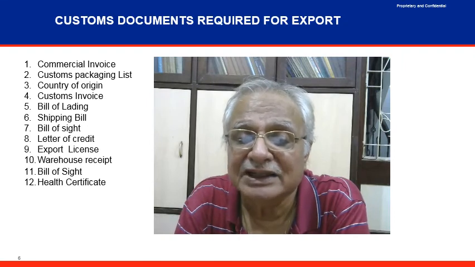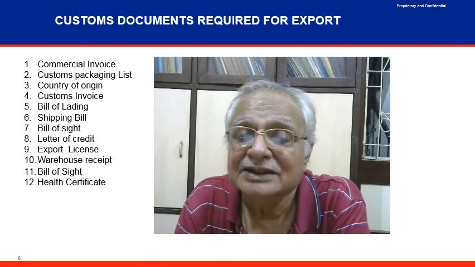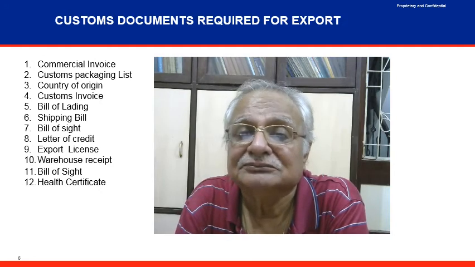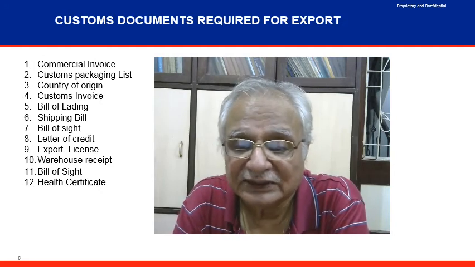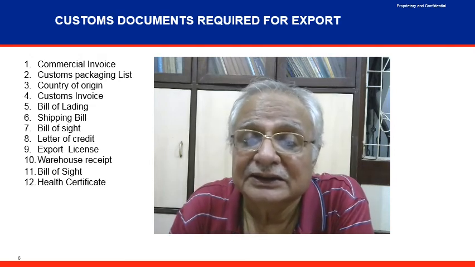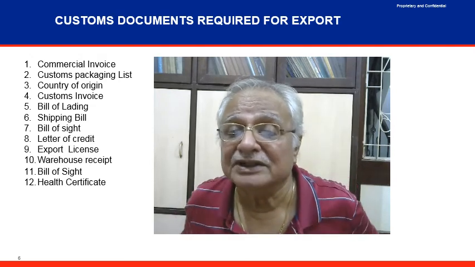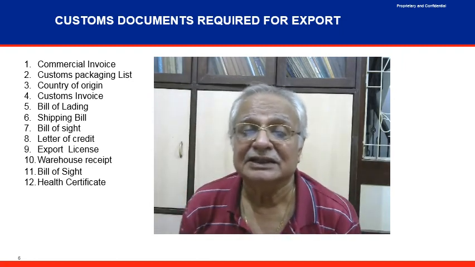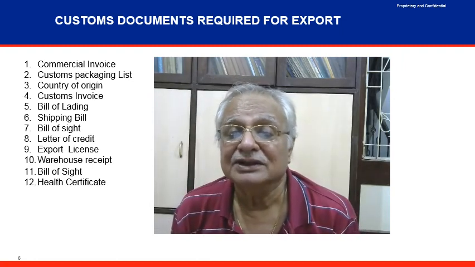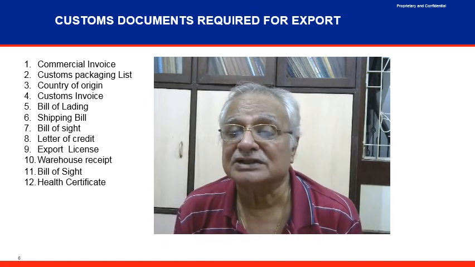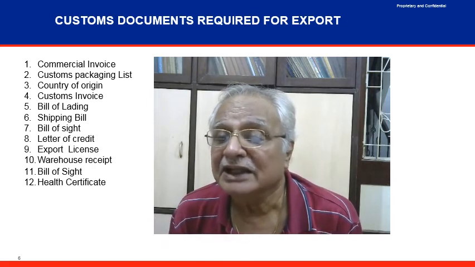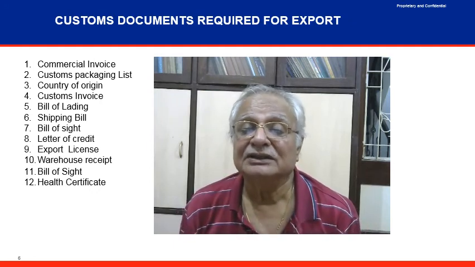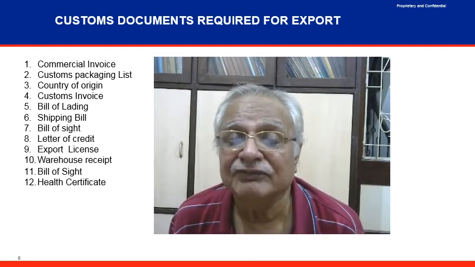So, shipping bill. Shipping bill is a traditional report where the duty is assessed and it primarily serves as a measurable record. This can be submitted through the customs online software system ICEGATE. To obtain the shipping bill, the exporter will need various documents.